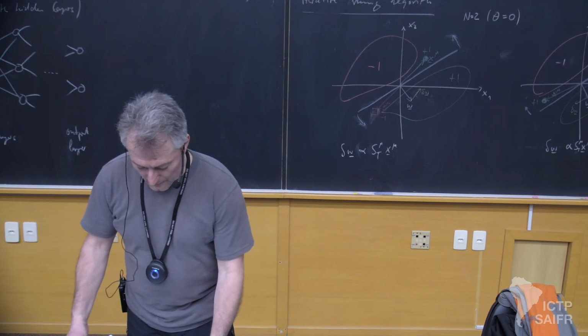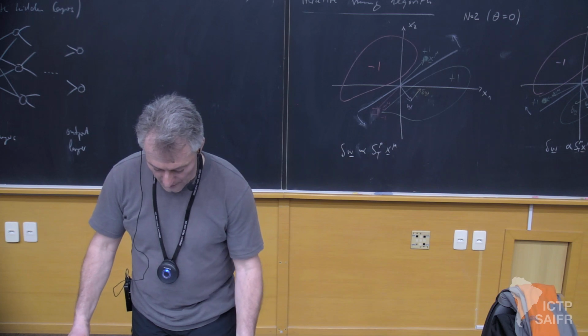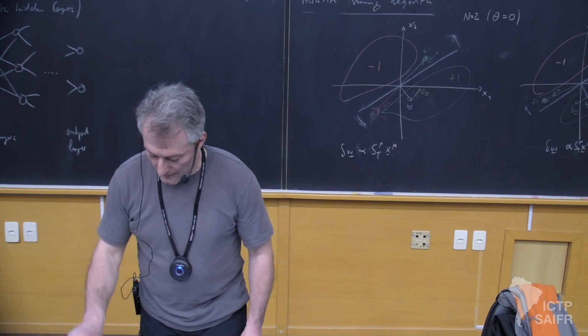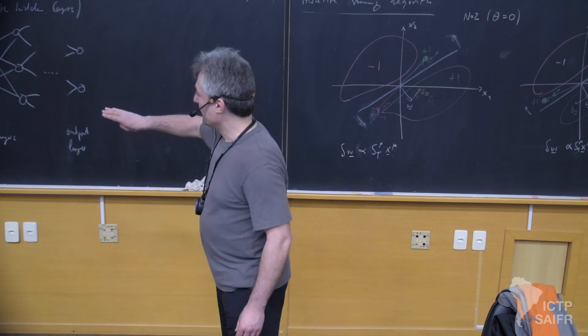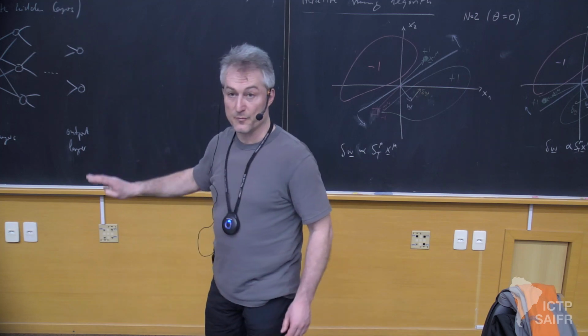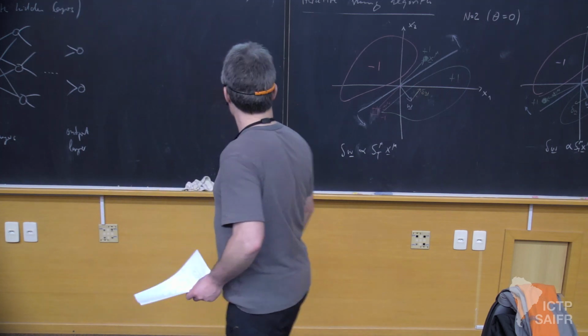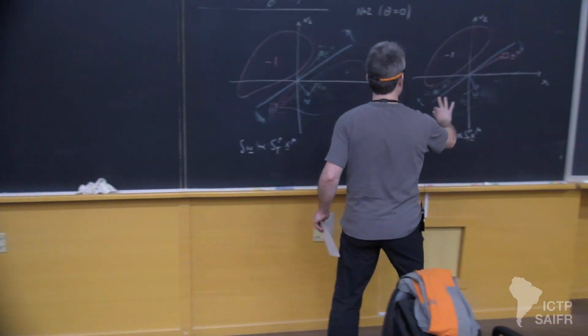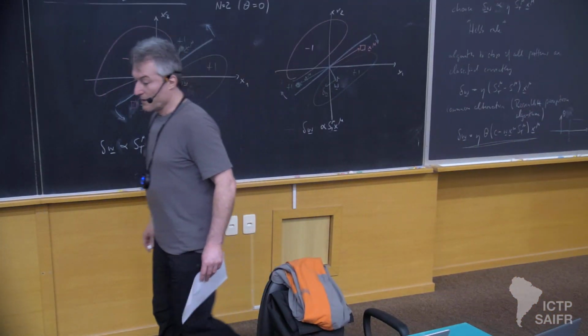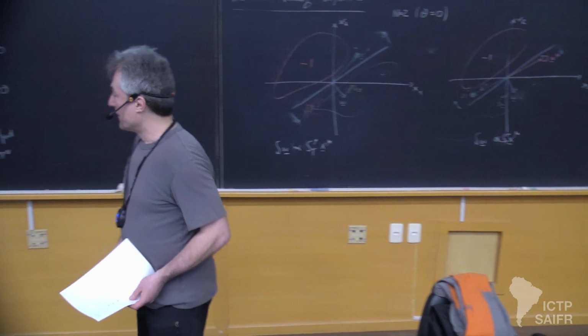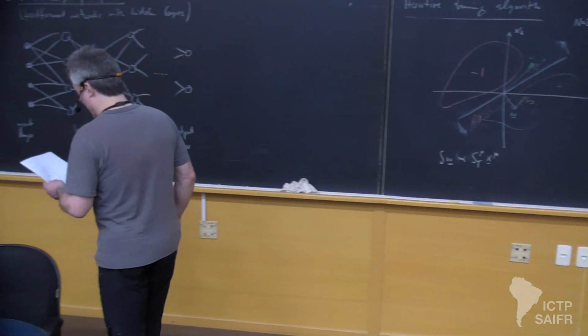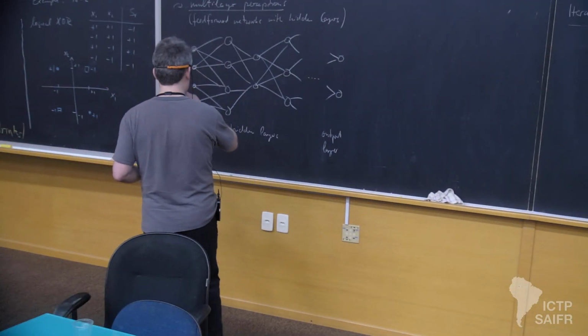So I will try to show you why they represent a generalization of the simple perceptron, what they do differently. We will again use the geometrical intuition we have here, generalize that a little bit, and other things too. I need to fix the notation for that.